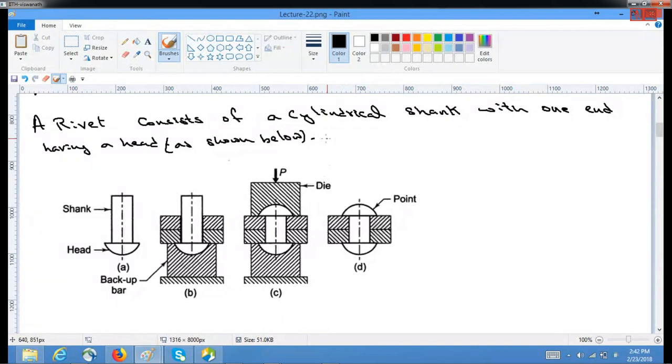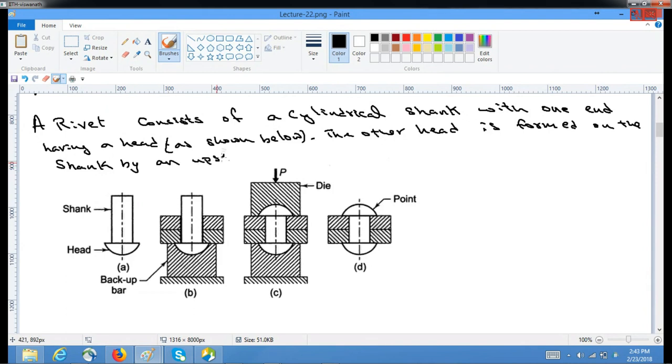And the other head, like this head, is formed on the shank by an upsetting process in a machine called an automated header.